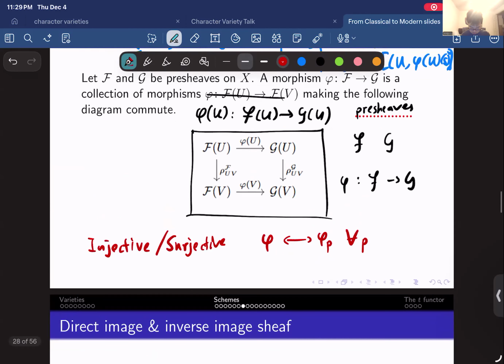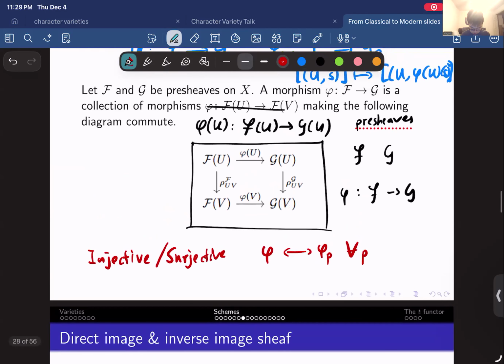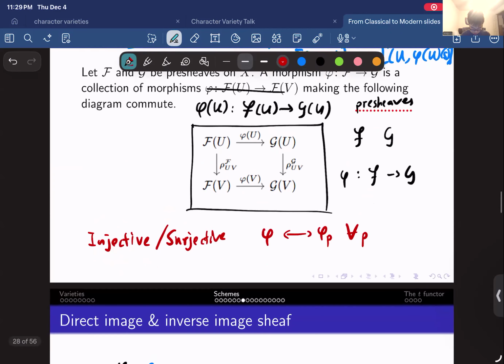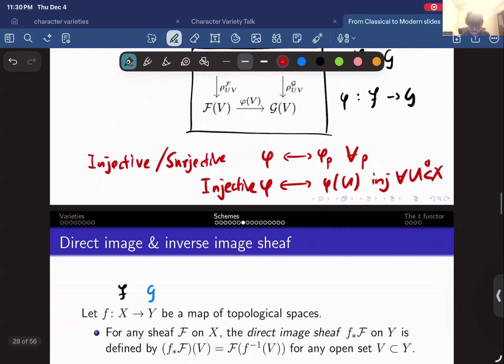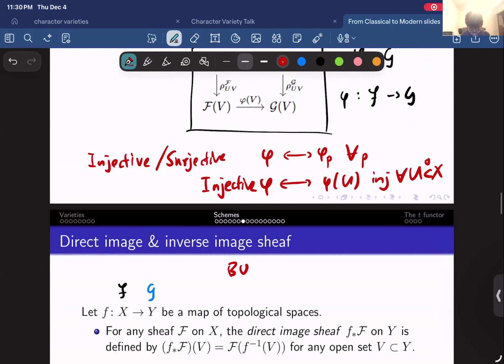But because of the functorial description, you need to be a little bit careful: injective is equivalent to phi of U being injective for all U open in X, but the caveat is that surjective does not translate.